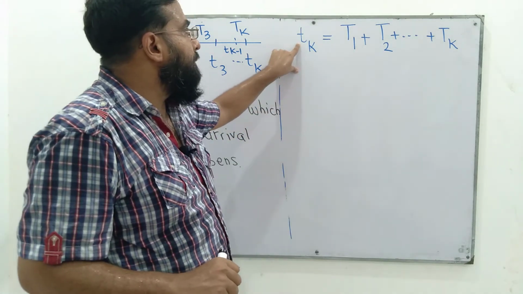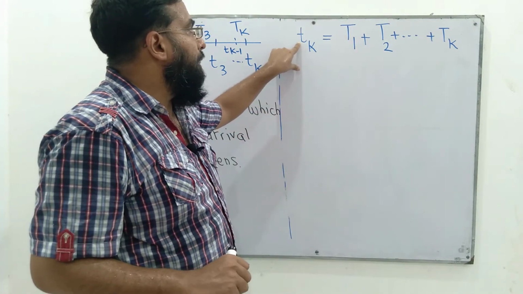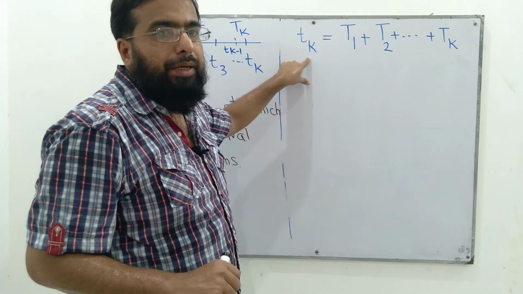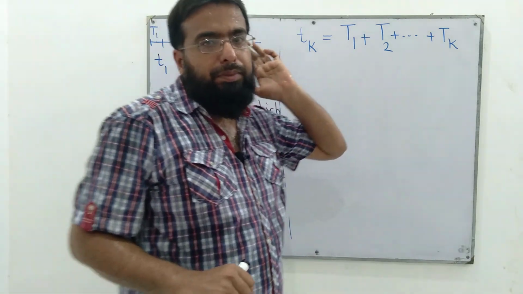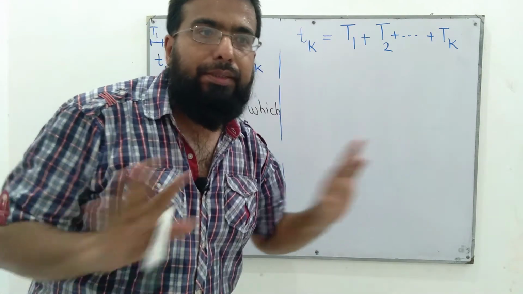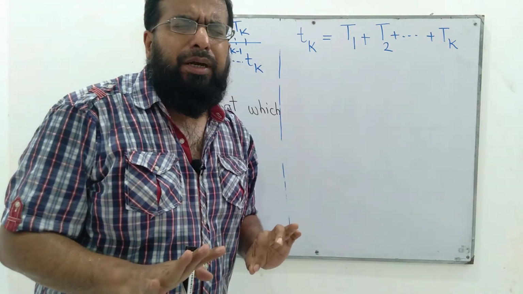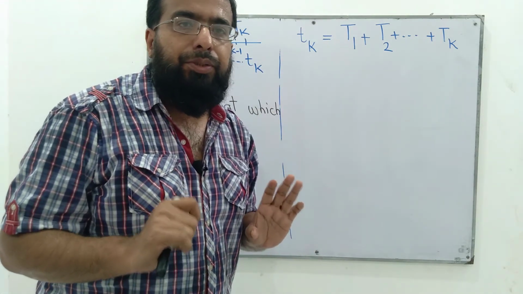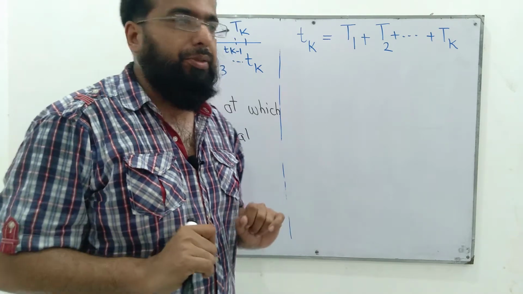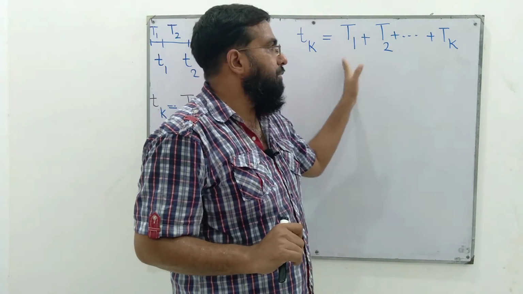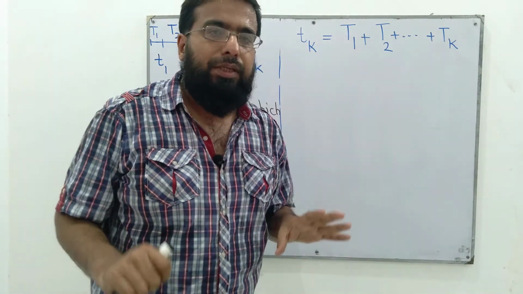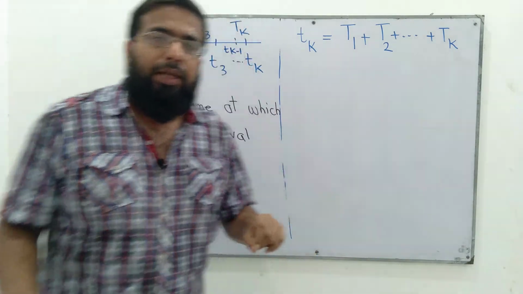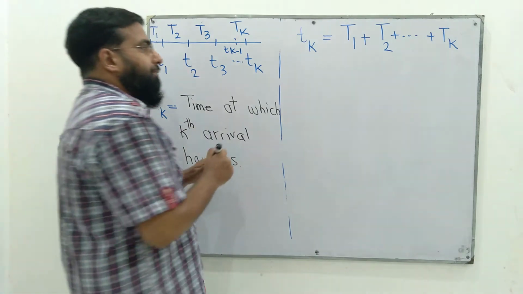How can we find the expected value of this random variable? We know that all these inter-arrival times are random variables, and we have already studied that for inter-arrival time we use the exponential distribution. So each of these variables, T1, T2 up to Tk, is a random variable belonging to an exponential distribution.